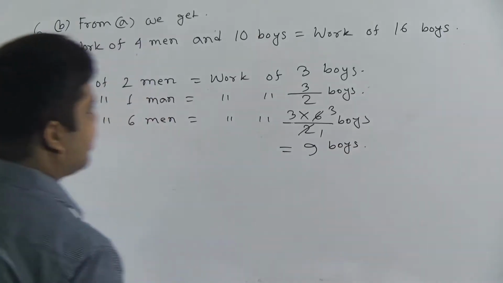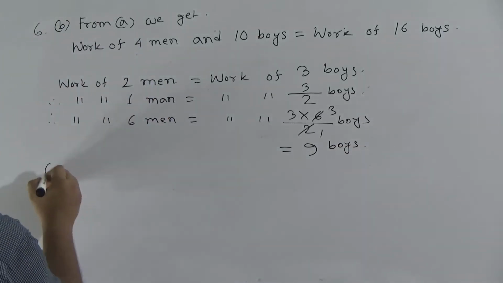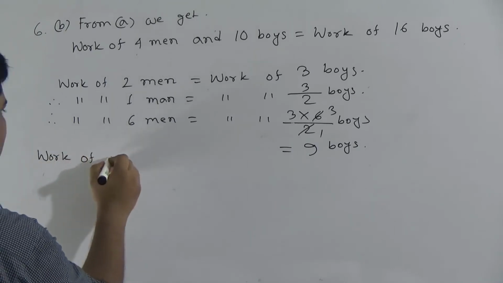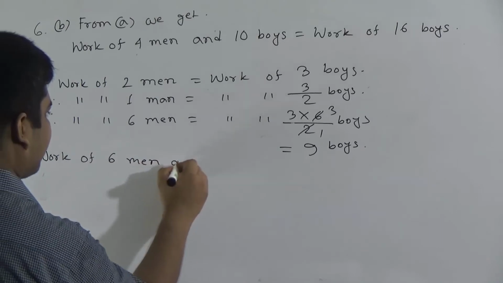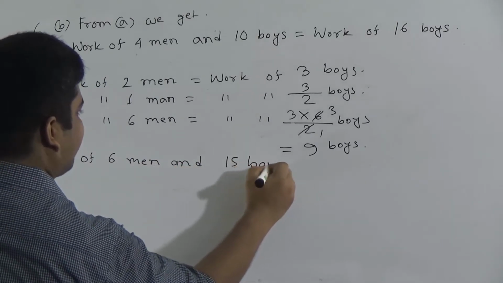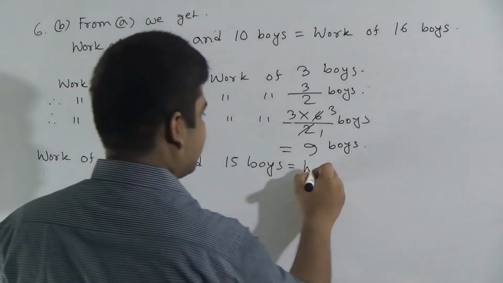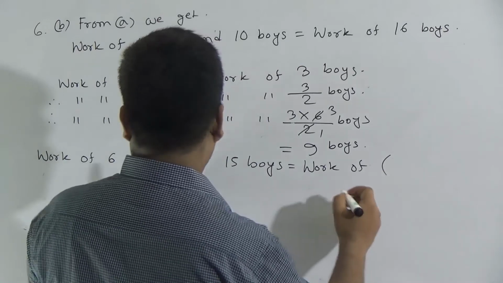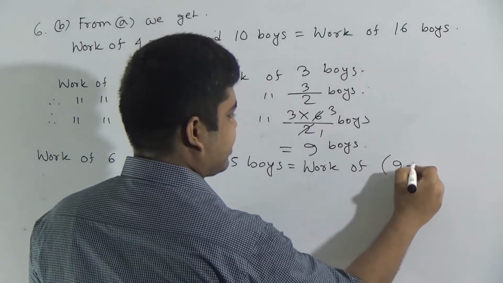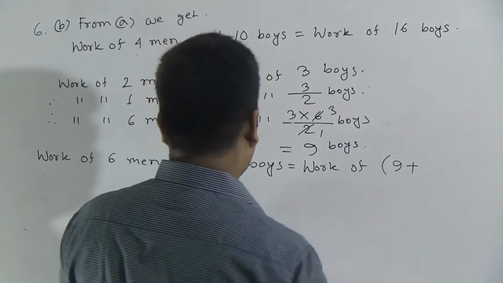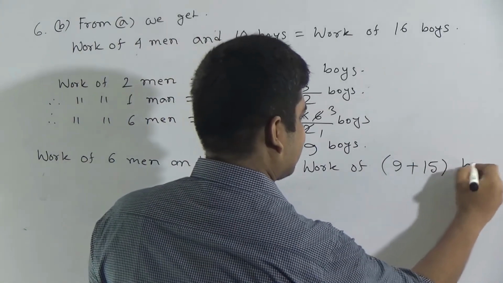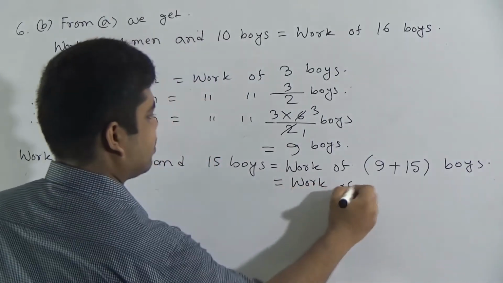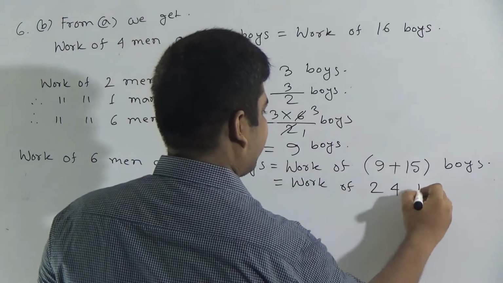Now we add, that means the work of 6 men and 15 boys equals the work of 6 men, equal to 9 boys, and given 15 boys, equal to the work of 24 boys.